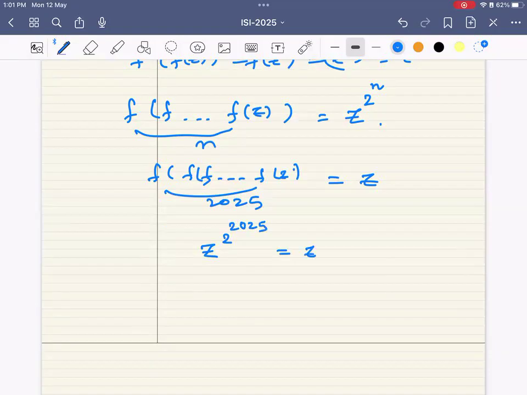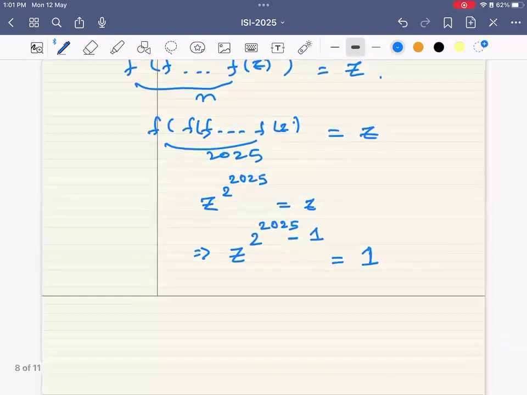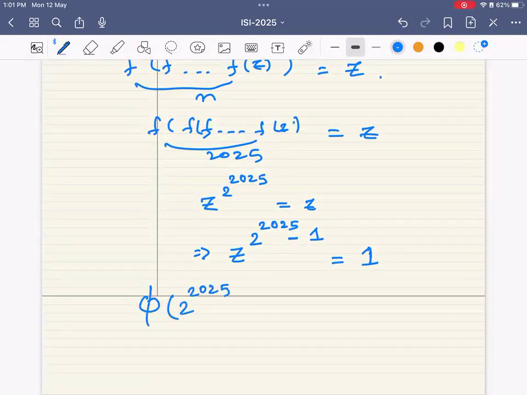This z can't be 0 because mod of z is 1. So this equation is as good as solving z to the 2 to the 2025 minus 1 equal to 1. For how many complex numbers will this be true? Well, that's simply equal to phi of 2 to the 2025 minus 1, which is the total number of integers co-prime to 2 to the 2025 minus 1.